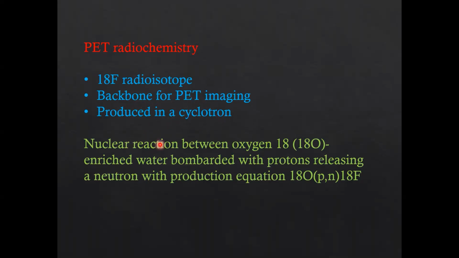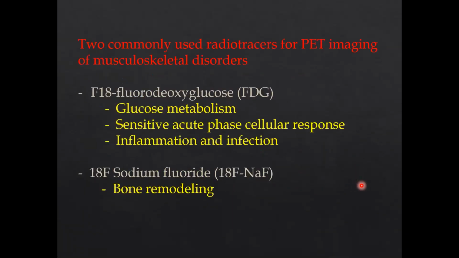So a nuclear reaction between oxygen 18 enriched water bombarded with protons, releasing a neutron, forms the 18 fluorine.